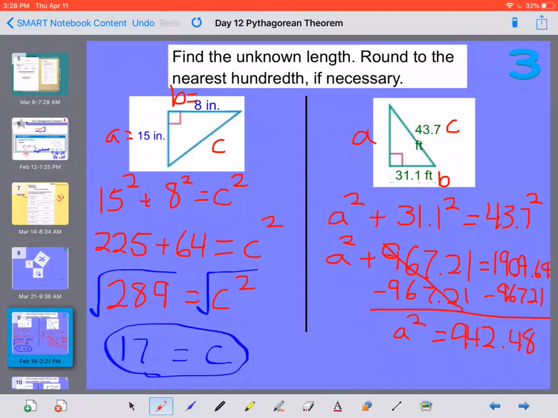Now to find what a is, we have to square root a squared. And we get a equals the square root of 942.48 equals 30.70, rounding to the nearest hundredth.